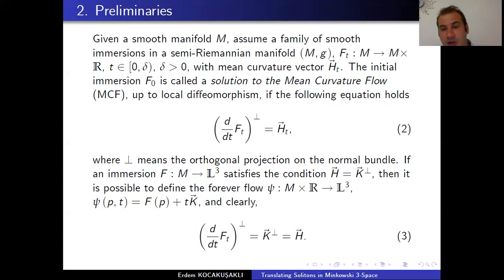If its mean curvature vector equals the orthogonal projection of K on the normal bundle, then it is possible to define the forever flow, where the flow equals F plus t times K. And clearly, expression 3 holds.